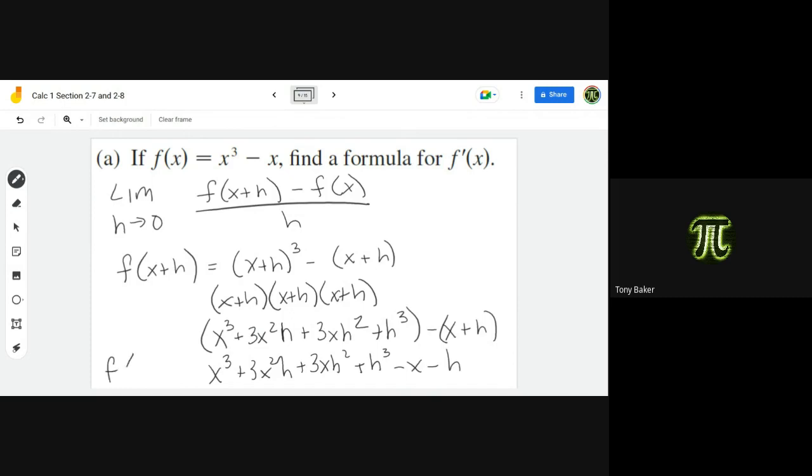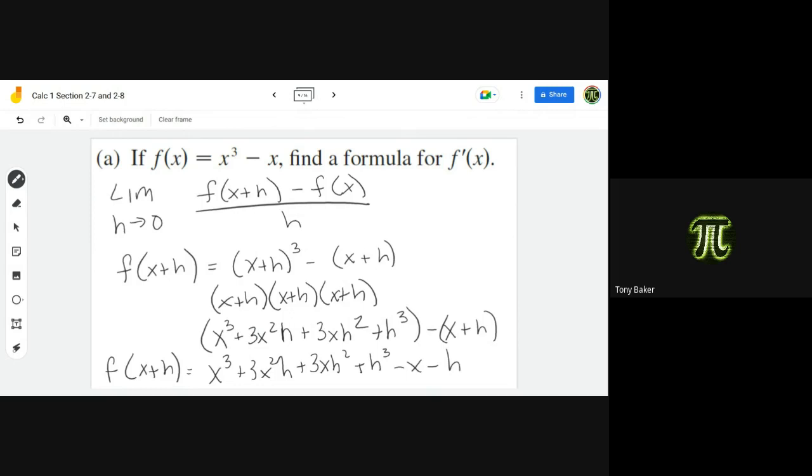That's f of x plus h. All right. Questions with that? Like, you can see where all the little mistakes that you're going to make are.